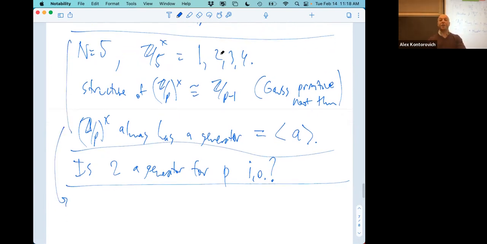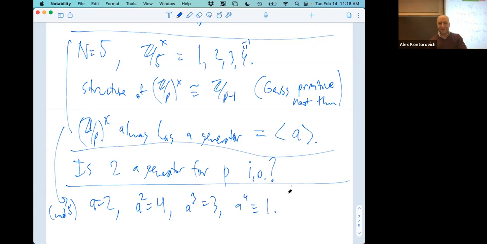So in this case, who's the generator? Is 4 going to generate the group? 4 is -1, and -1 doesn't have a lot of things it can multiply to. Let's try 2. If A equals 2, then A squared is 4, A cubed, we're working mod 5, is 3, and A to the 4th is 1.